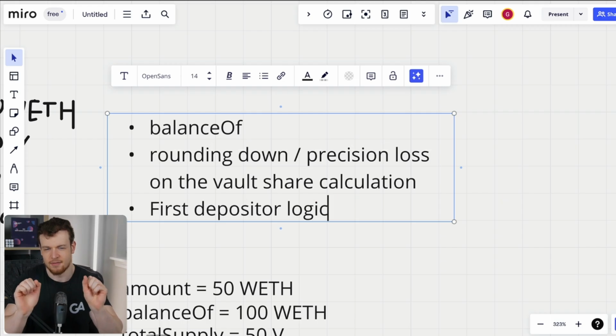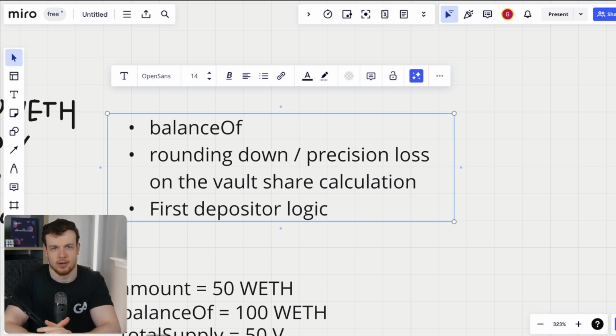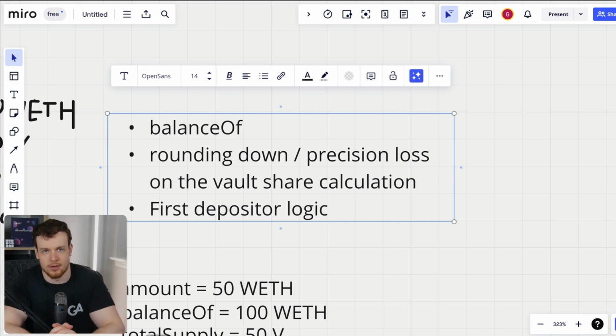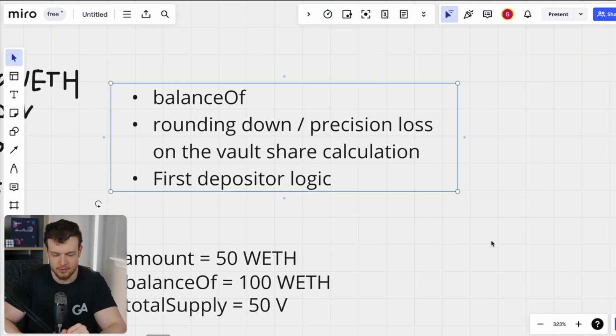In the vast majority of cases, this only applies to the first depositor, or really just any depositor before the amount of underlying assets in the system and the amount of vault shares that exist reach a certain threshold. So in most cases, really the first depositor. What we want to do is look and see if there's any special logic for the first depositor. And usually what we'll see is this.